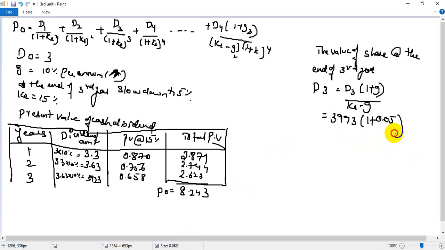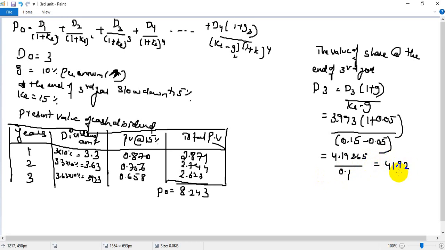In the denominator, D3 only, K is again 0.15 minus 0.05. So 3.993 into 1.05 will come to 4.19265, divided by 0.15 minus 0.05, which is 0.1.